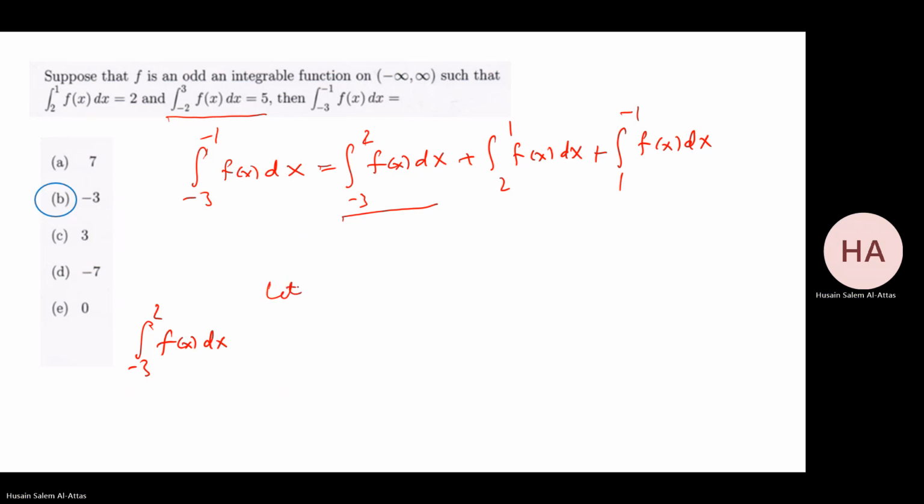Let u equal minus x, so du equals minus dx.